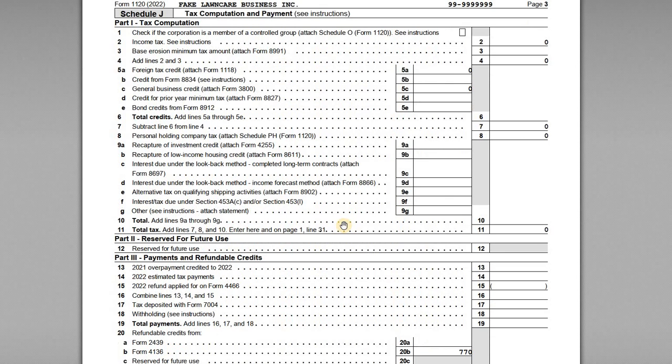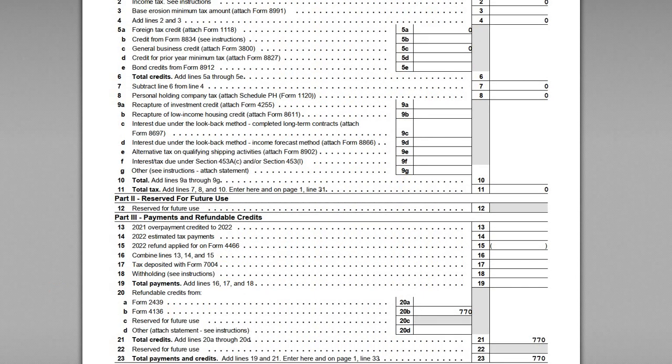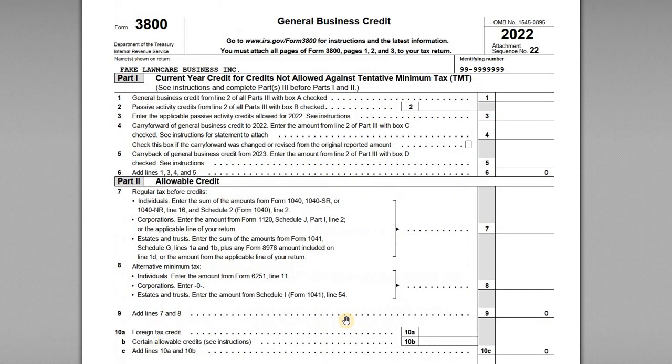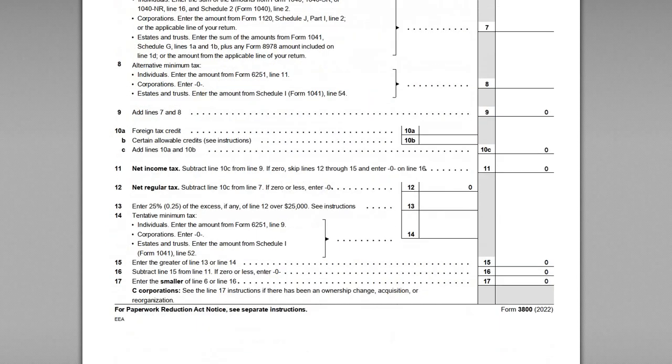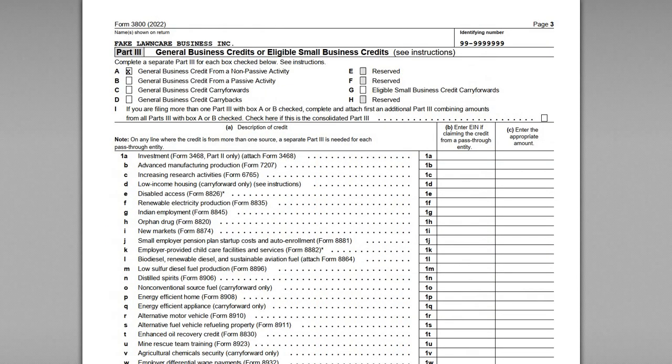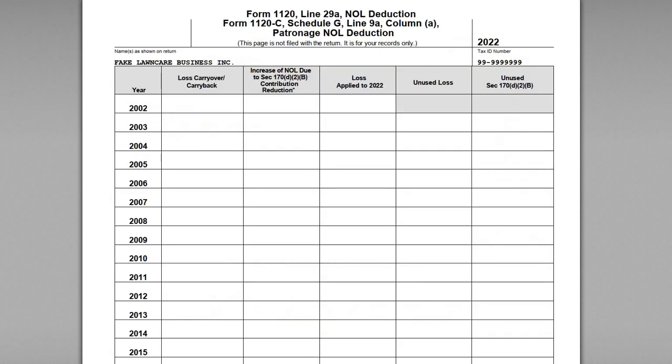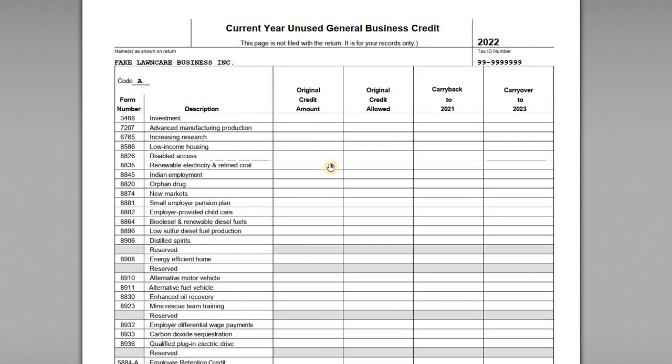Now, because total taxes are 0, you don't get to claim non-refundable credits like the work opportunity tax credit. And so that's why the 3800 is reporting a 0 amount of credit used, and there should be a carryforward schedule. Okay, so here's our carryforward schedule for unused general business tax credits.